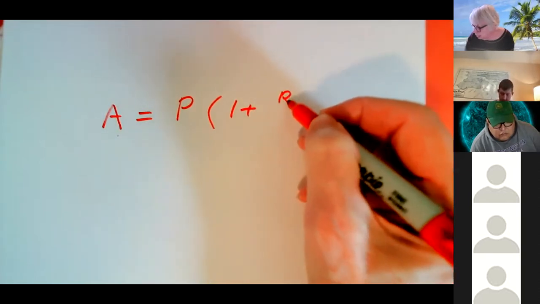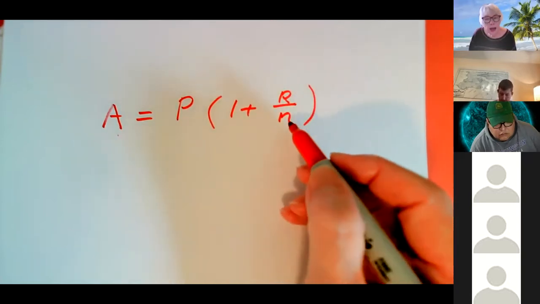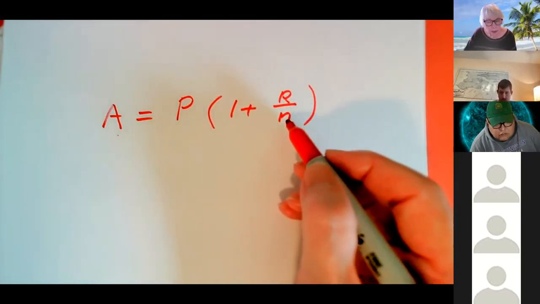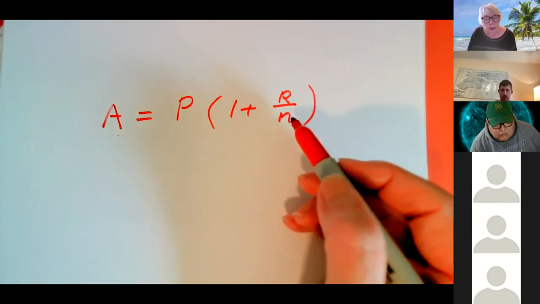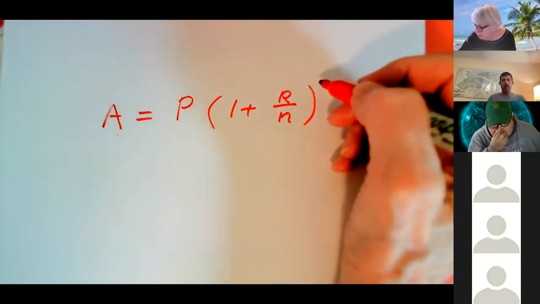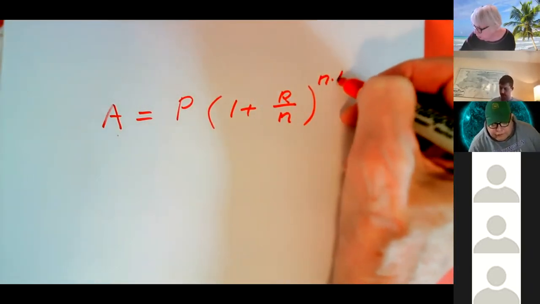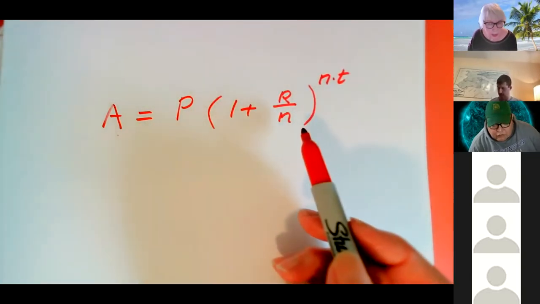This is the yearly rate divided by n, which is how many times a year it's compounded. So when it was compounded twice, this was a 2. When it was compounded monthly, it would have been a 12 there. And then the exponent is n multiplied by t. And so this requires a calculator.